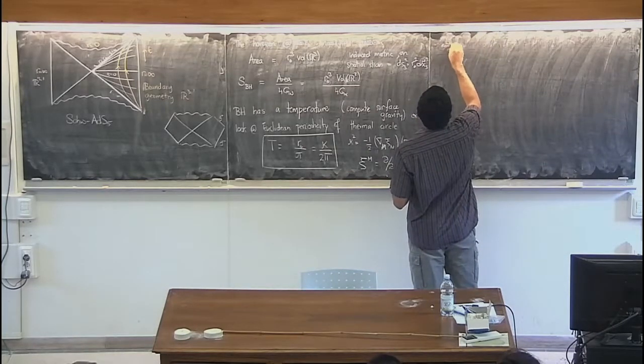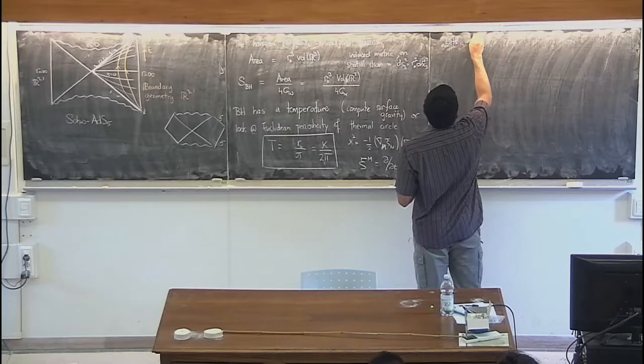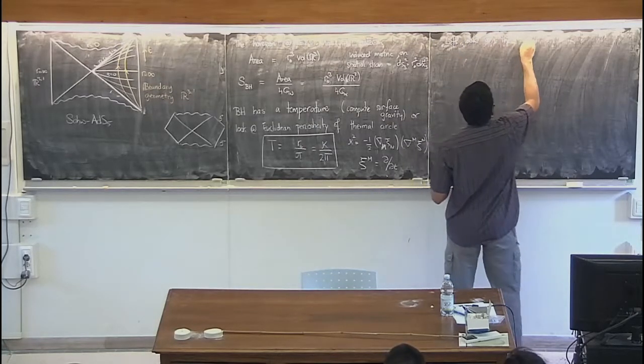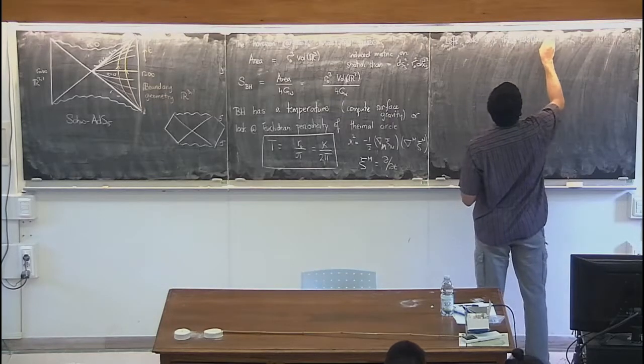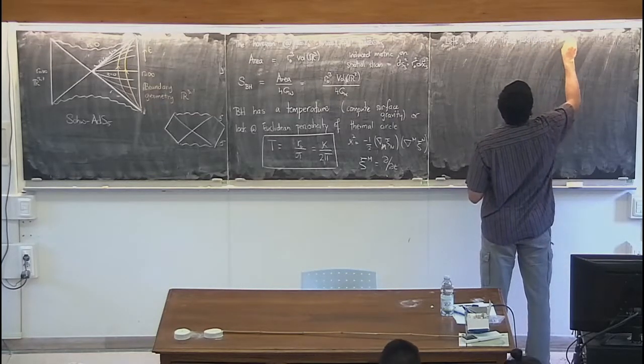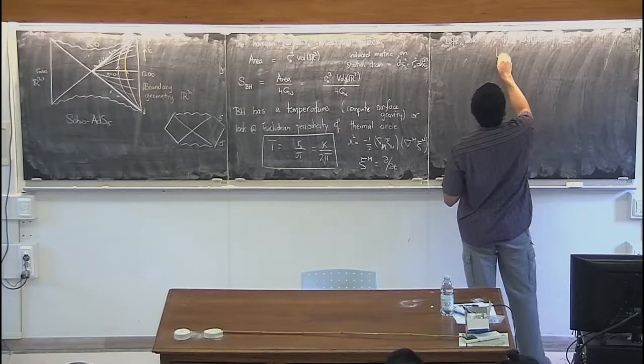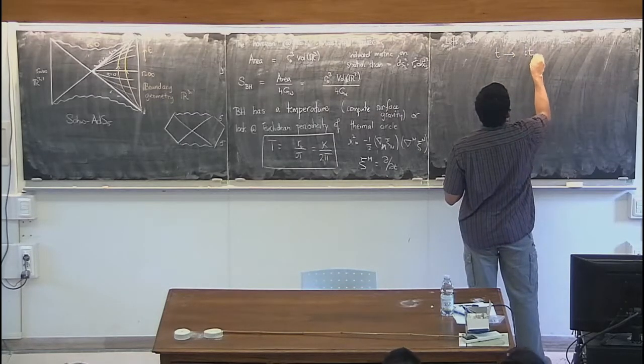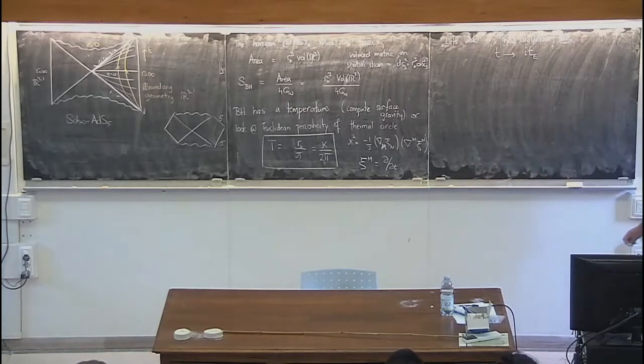Let's look at the Euclidean black hole, which I will obtain by analytically continuing t to i t.